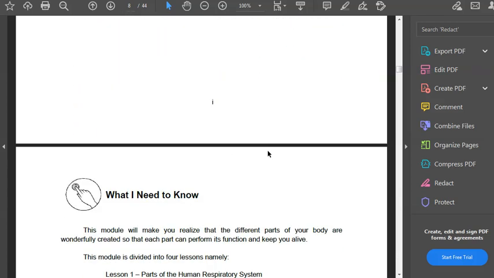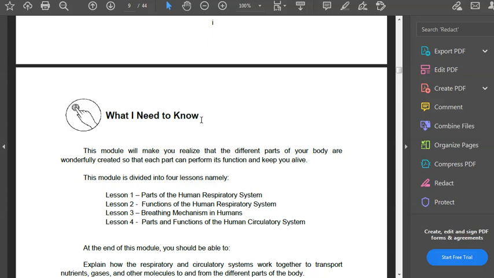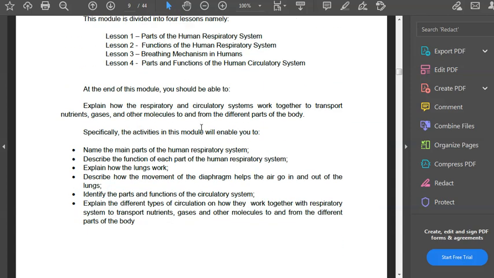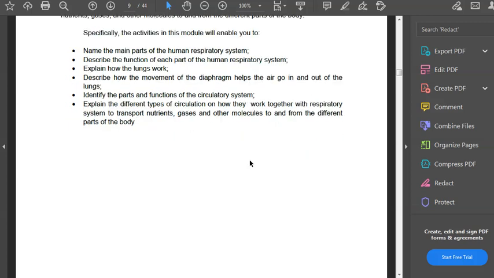This is the first one, and then you also need to read this, What I Need to Know, and you will learn that your module is divided into several lessons. Here specifically you will learn to identify the main parts of the human respiratory system and describe the functions of each part of the human respiratory system.